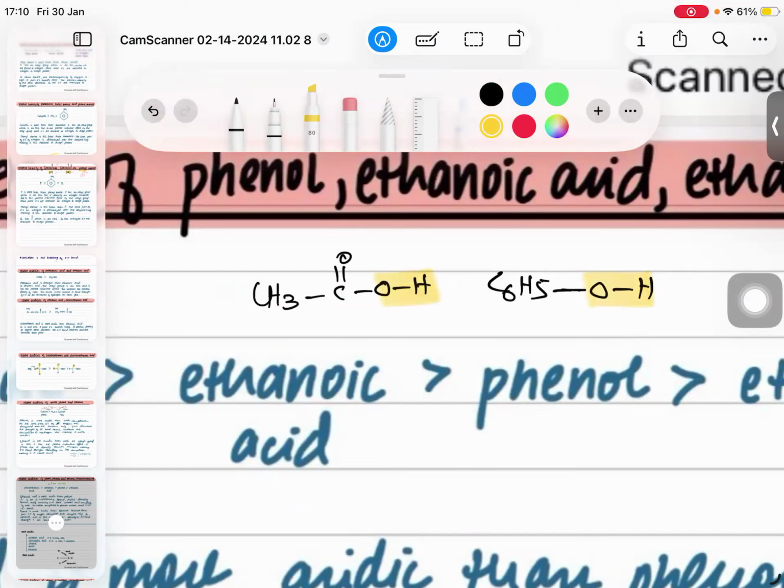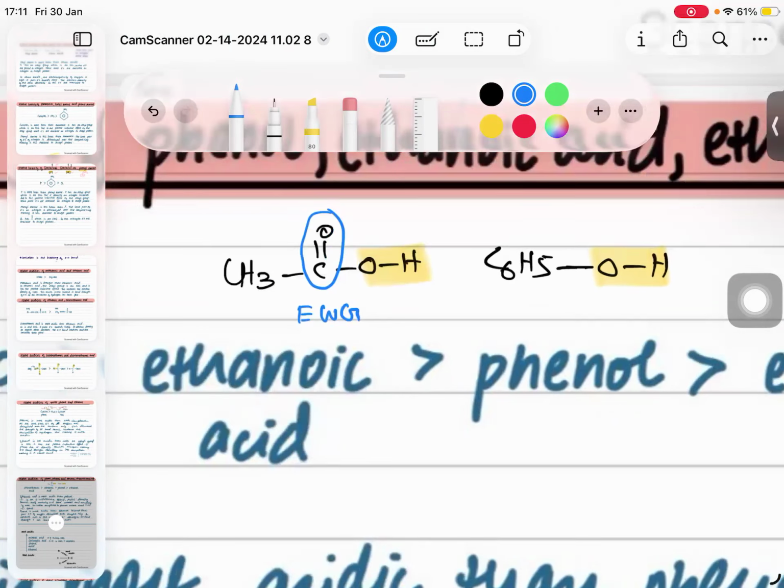I just told you a while ago when we were discussing basicity that this CO group is acting as what? Because it has the power to withdraw the most, too much. Why? Because oxygen's electron activity is higher. So when CO is attached, as compared to the one with no CO, what will the OH bond become?